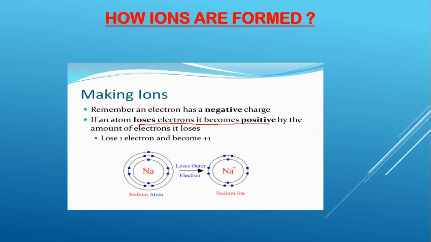Why does it acquire a positive charge, do you know? Because an electron carries a negative charge, and when that negative charge is removed, the atom acquires a positive charge.